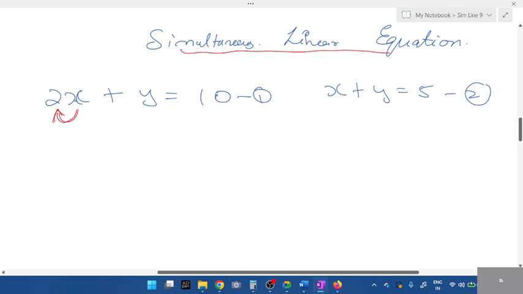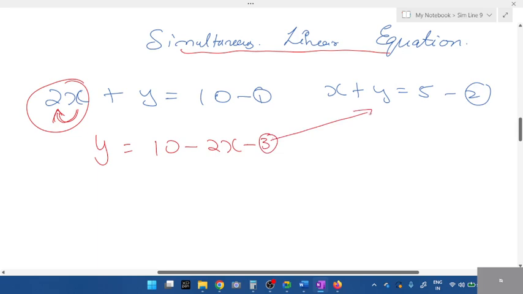Now, if I want the Y value, plus Y remains. What happens to 2x if it goes to the other side? Minus 2x. This becomes equation 3. Let me write the equation where you have to substitute. Keep x as it is.